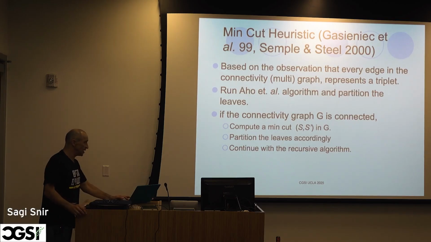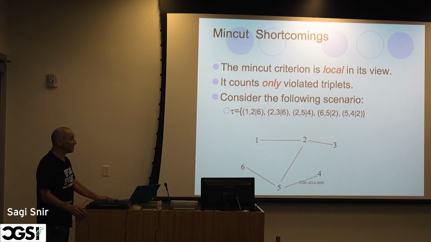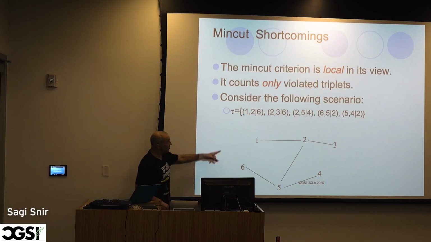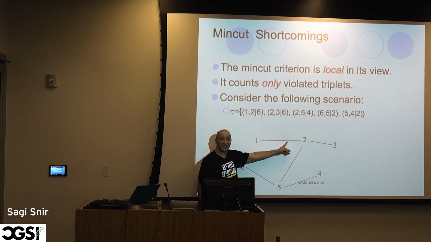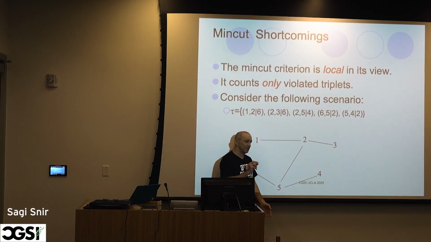Okay, so let's see that example. So assume we have that input that gives rise to this connectivity graph. Okay, connected.